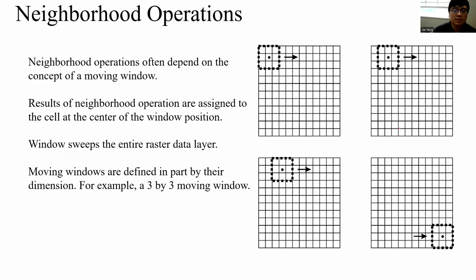Next, we learned the neighborhood operation. Neighborhood operation depends on the moving windows. The moving window in this example is a 3 by 3 moving window.